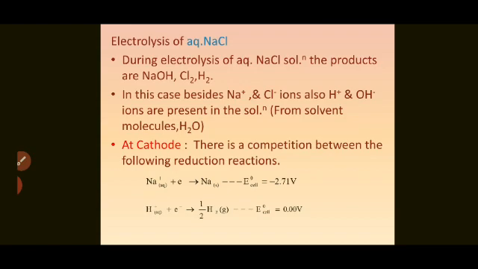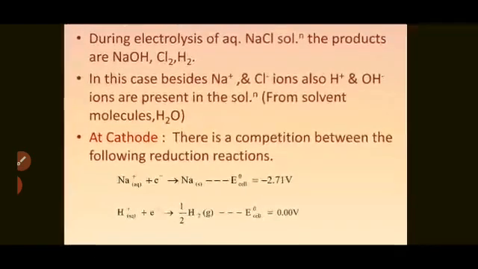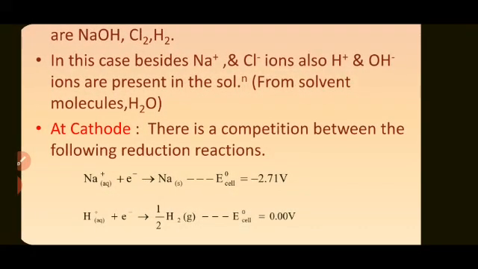So at cathode what happens? There is a competition between the following reduction reactions. Always at cathode reduction takes place, that is gain of electron takes place. So let us see the reaction. Na plus plus e minus, that is it accepts the electron, forming Na, that is solid. Sodium solid metal is formed, and E naught cell, that is standard potential of sodium electrode, is minus 2.71 volt.